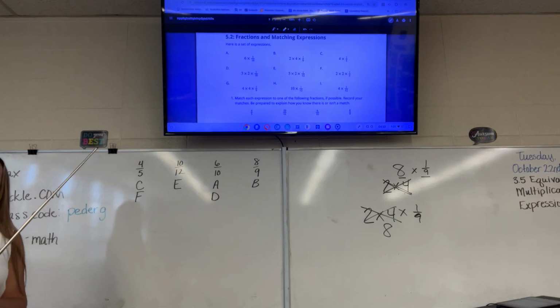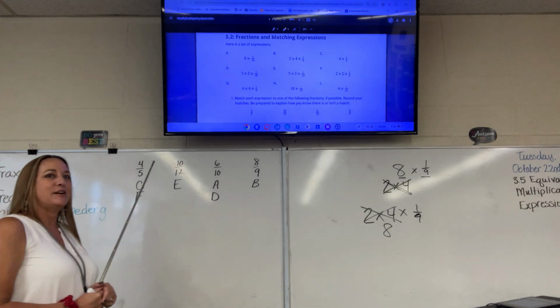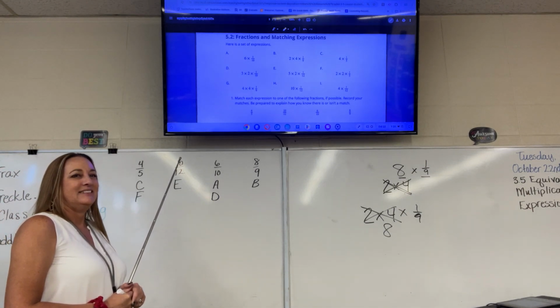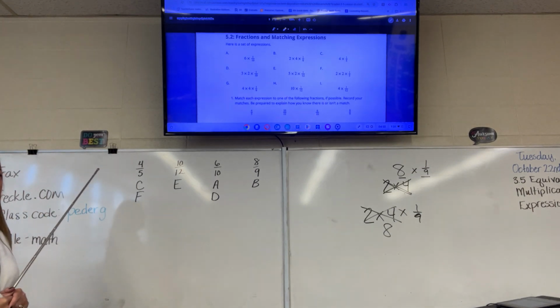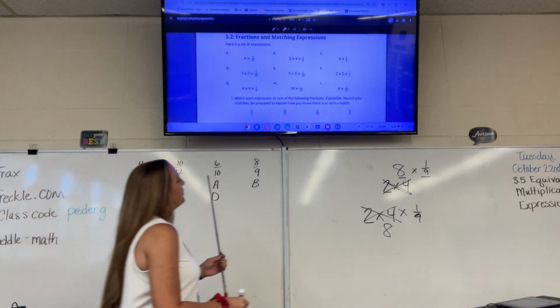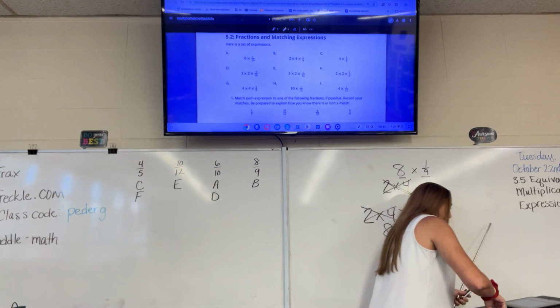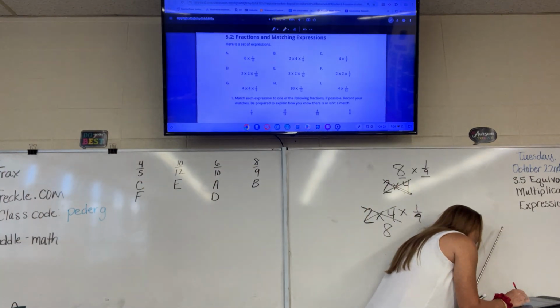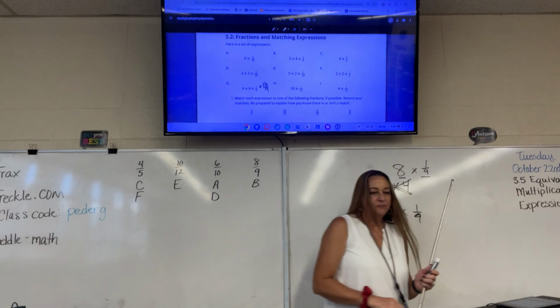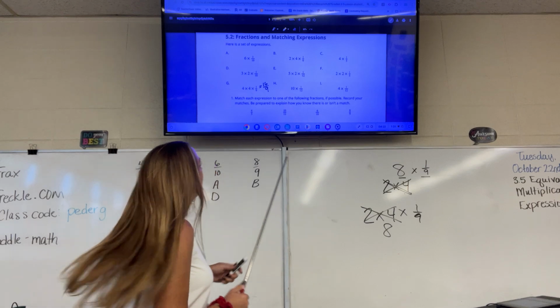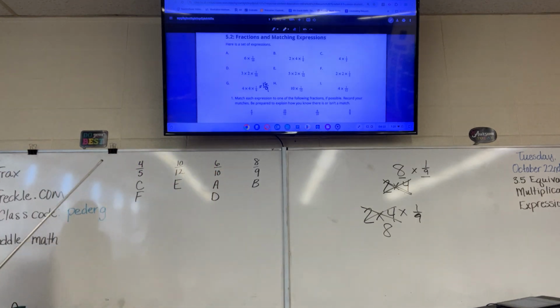And what's 16 times 1/9 going to be? Is that one of our options? Nope. So Fisher got the no match. All right, Fisher, give yourself a point. So this would equal 16 ninths, which does not have a match. Okay? Next. Olivia, what is 10 times 1/12 equal?